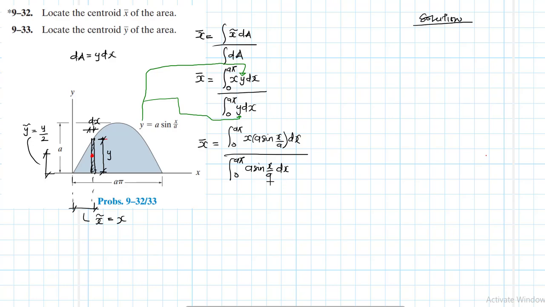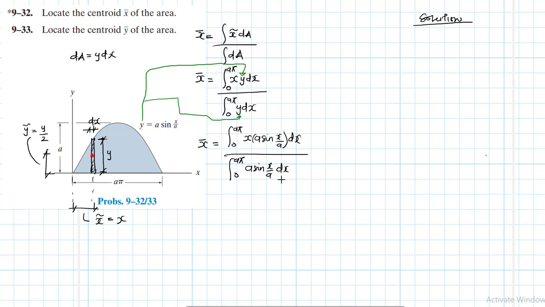So what do we do? We need to integrate these particular functions. The top part is an integral of a product of two functions, so we can integrate by parts.